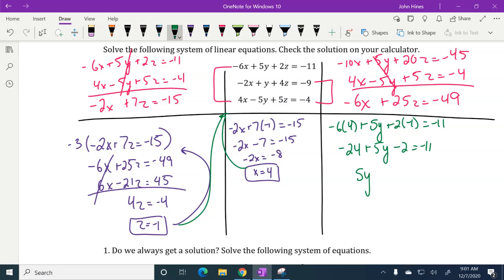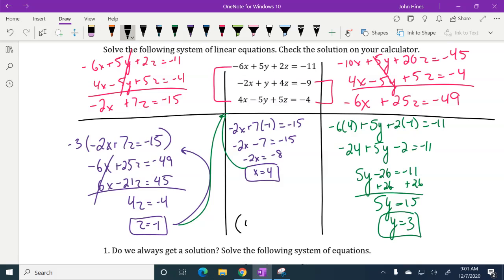So 5y minus 26 equals negative 11. So I add 26 to both sides. 5y is positive 15, so y equals 3. So my solutions are those values there, and if you wanted to write an ordered triple, it would be x, y, z.